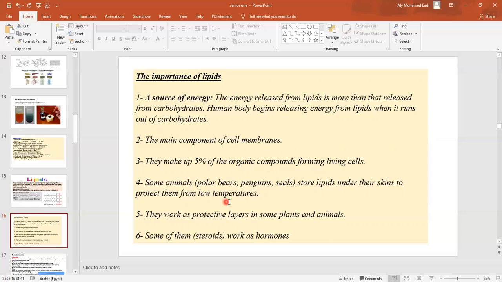Some animals store lipids under their skin to protect them from low temperature, for example polar bears, penguins, and seals. They work as a protective layer in some plants and animals, protecting them from losing water, as in desert plants. Some lipids, steroids, work as hormones.